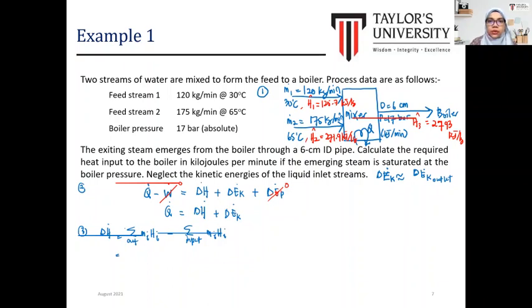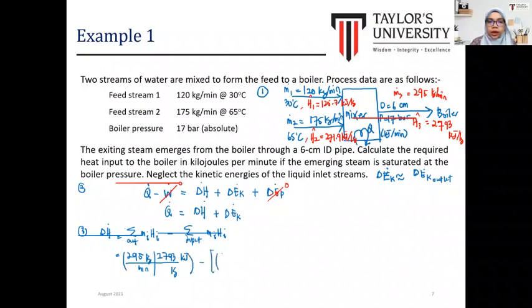m here, we also need to perform the balance. So M3 here, you can get by summation of M1 and M2. So M3 is 295 kg per minute. So to solve this, for the output we have 295 kg per minute, and then H, we already found the value in kilojoule per kg.